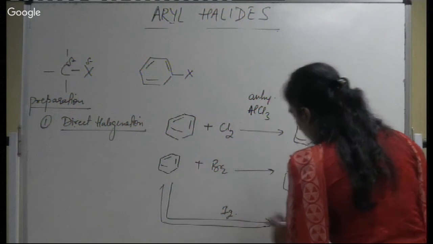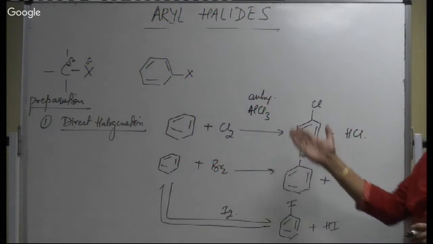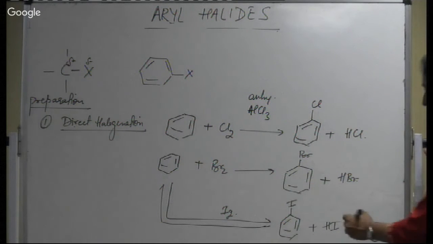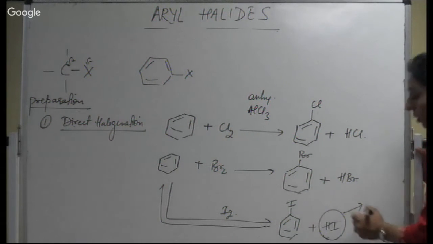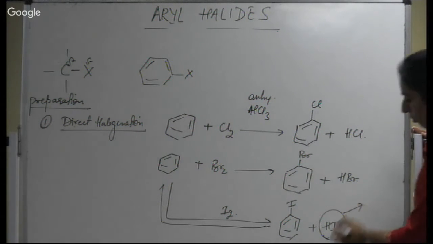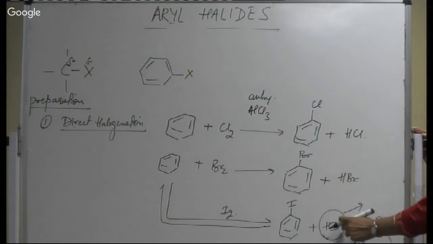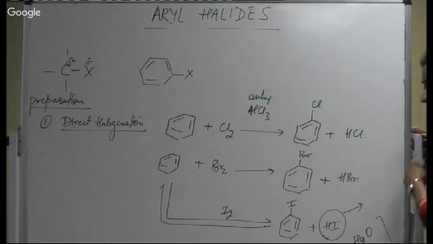Because the HI which is produced will make the reaction go in the reverse manner. So you will have to remove HI if you want to carry out the reaction in the forward direction. For removing that, we generally use HgO or iodic acid, HIO3, which will oxidize your HI to iodine again.